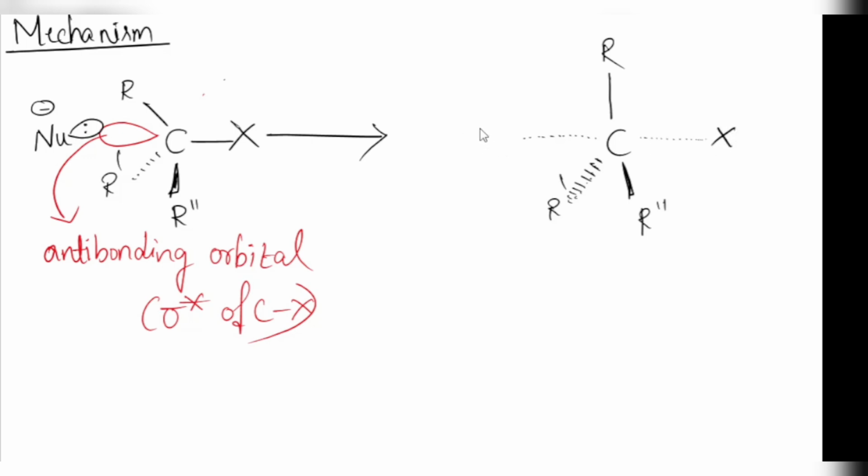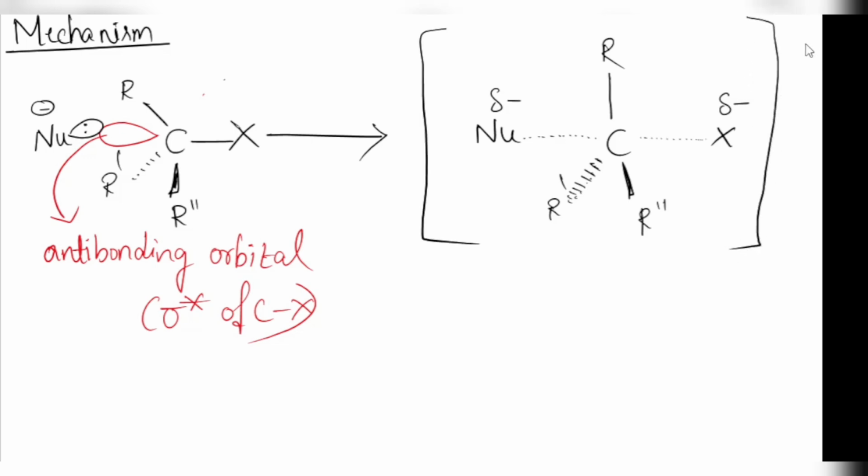And here I will represent the nucleophile. The halide that is leaving carries a negative charge, so it has delta negative. The nucleophile, with one lone pair entering, also carries a minus charge, and overall I can represent it as a transition state like this.